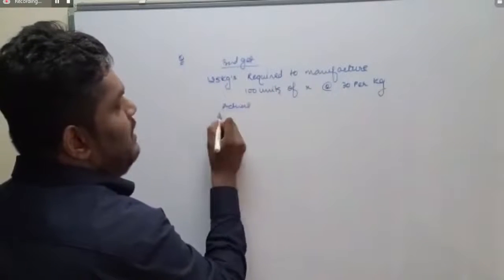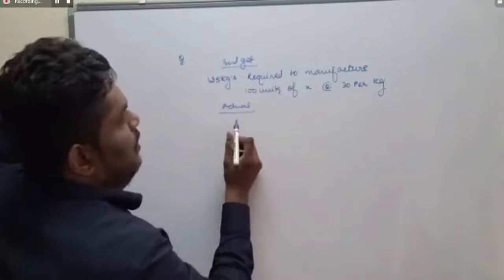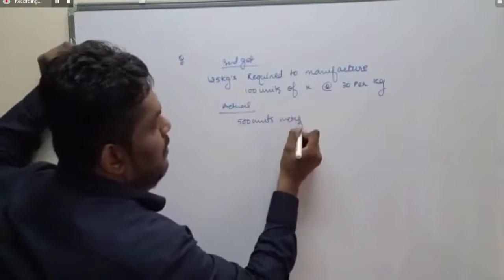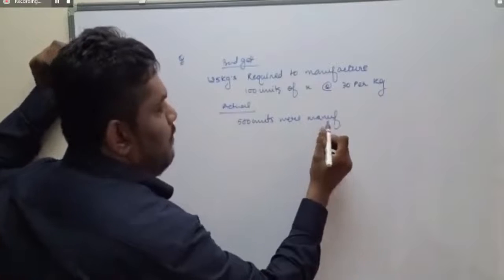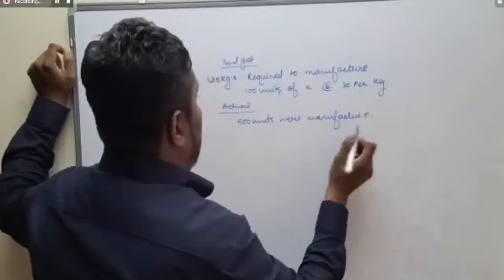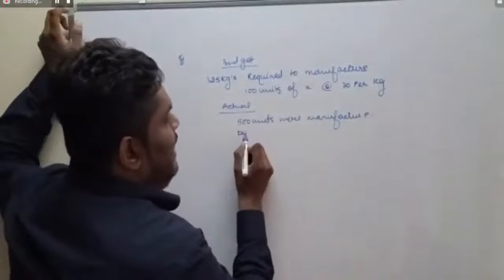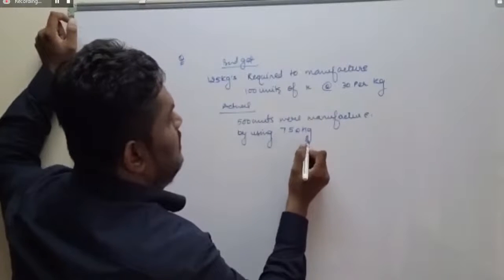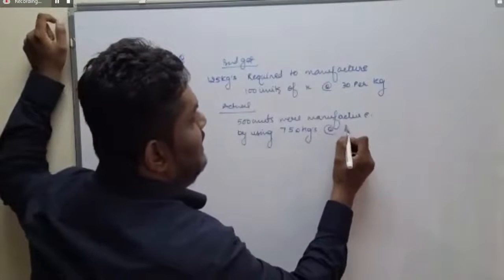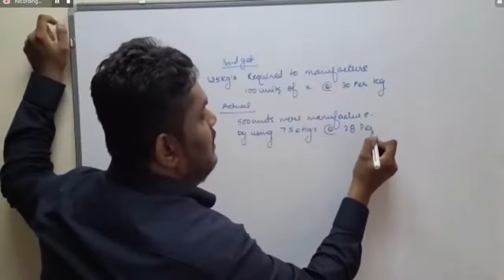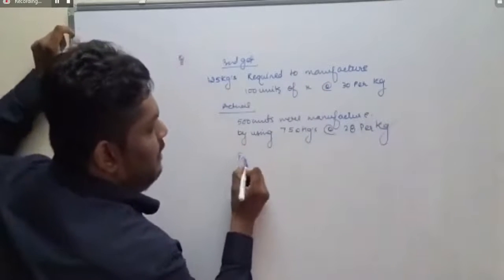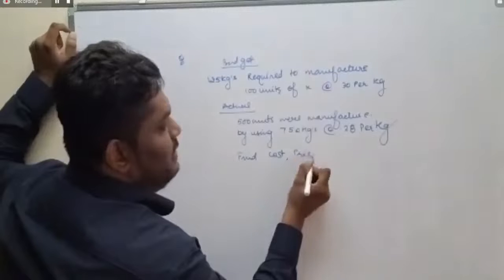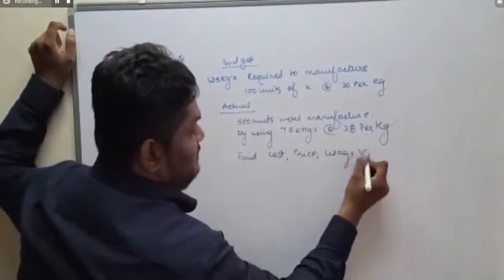When talking about actual, total 500 units were manufactured by using 750 kgs at the rate of 28 per kg. Find cost, price, and usage variance.